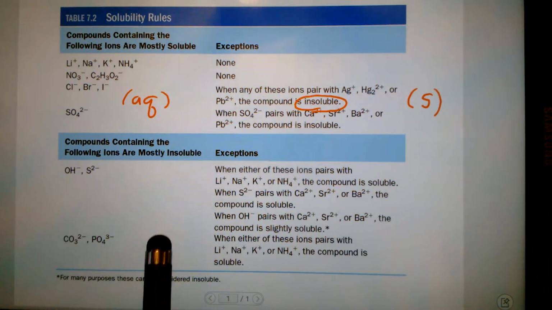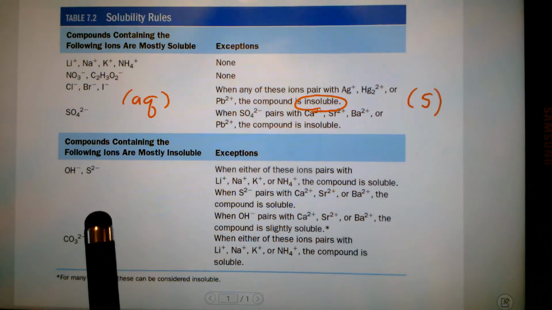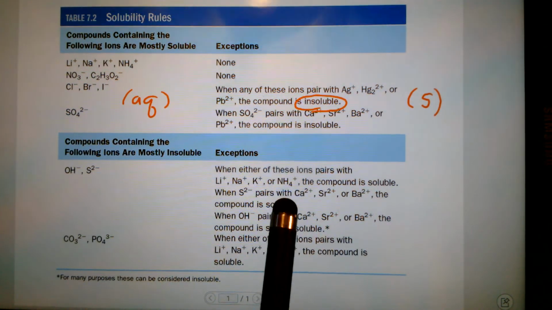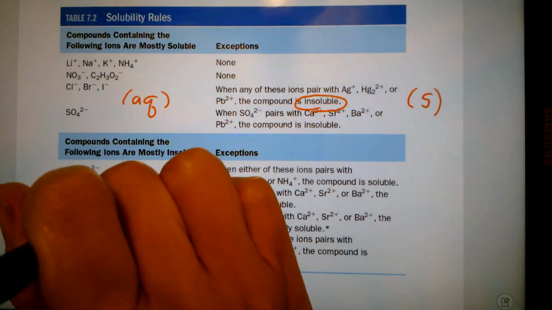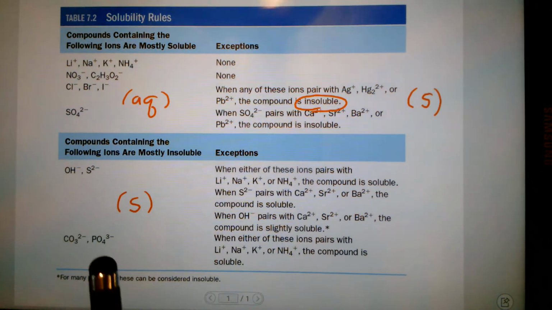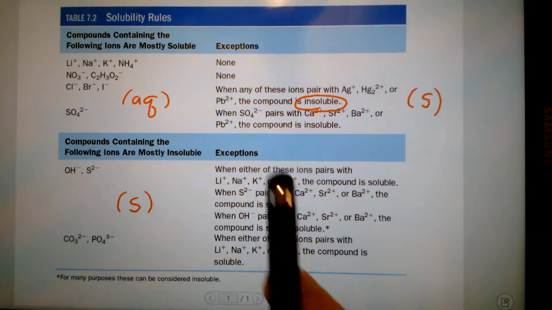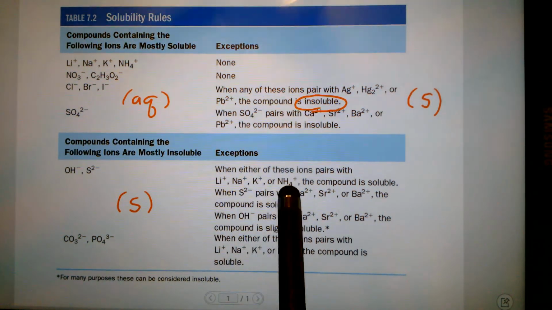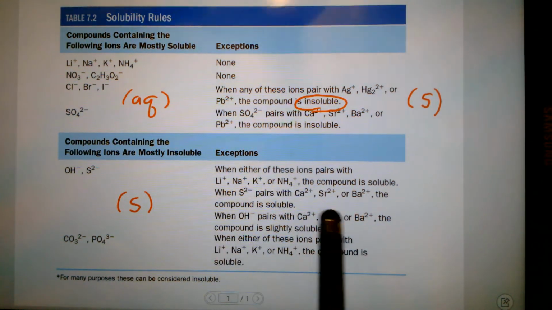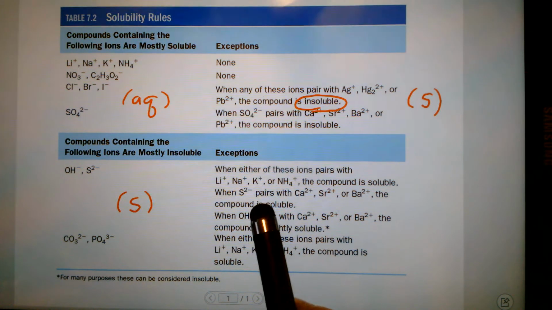On the other hand, we have anions that tend to be insoluble, and their exceptions are going to make them soluble. So over here, most of the time, these are going to form solids. So our exceptions for hydroxide and sulfide are lithium, sodium, potassium, ammonium, and for sulfide when it pairs with a few of these other ones.